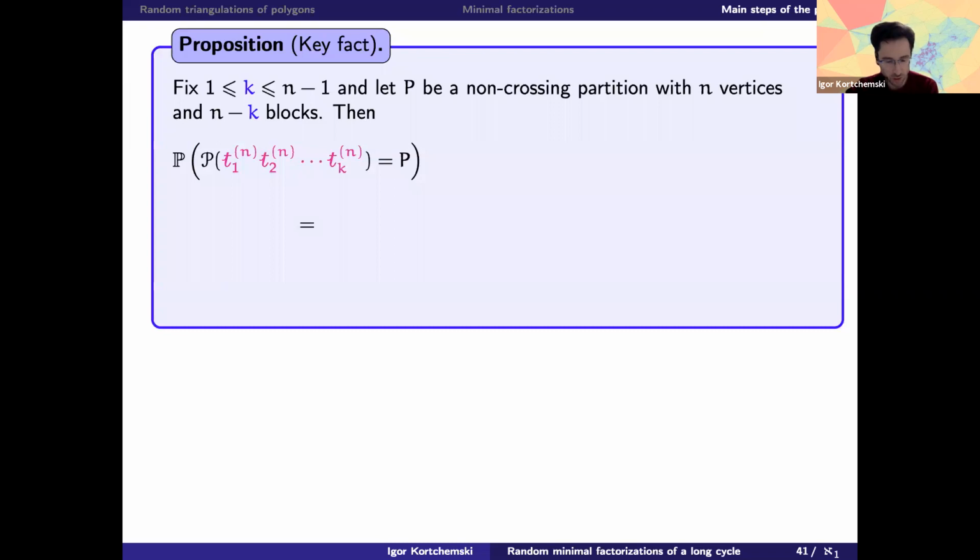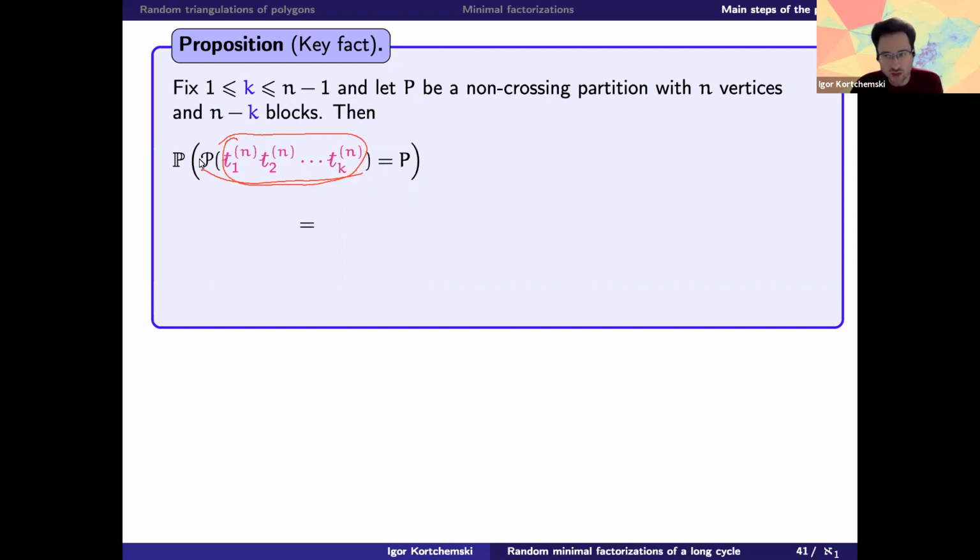So what is the law of the non-crossing partition once we have read k transpositions? Okay, what is this thing? We multiply the k first transpositions.